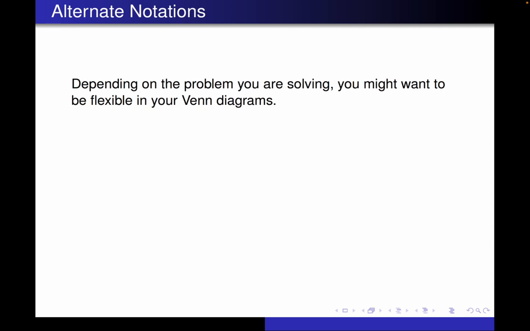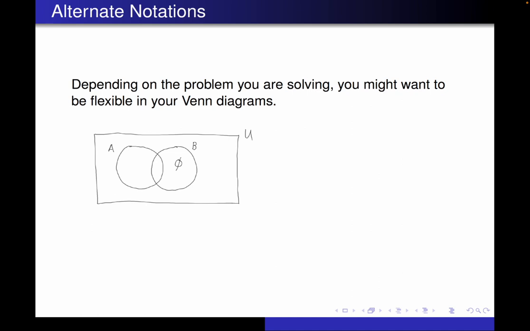Depending on the problem you're solving or what you're trying to understand about sets, you might want to be flexible in interpreting your Venn diagrams. So for instance, here's our standard picture with two sets A and B. But what if you're in a situation where some of those regions on your Venn diagram don't contain any elements? What you can do, if this is useful, is put an empty set there to indicate there's nothing there.